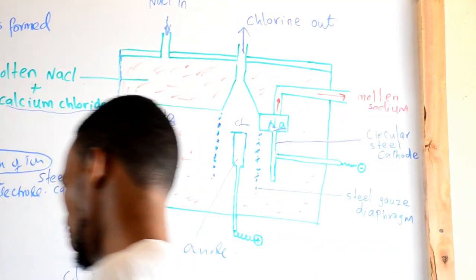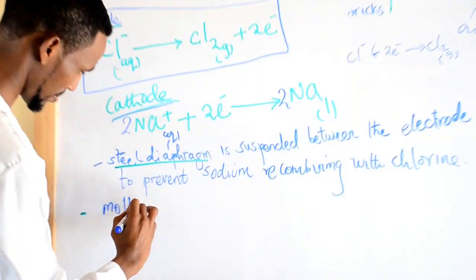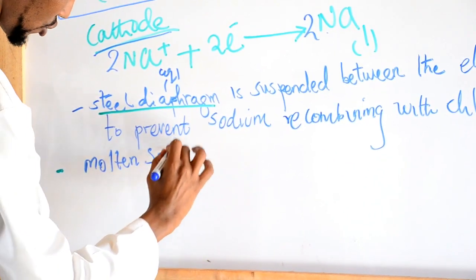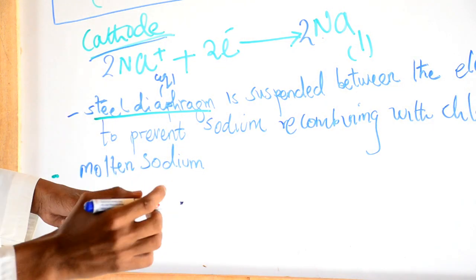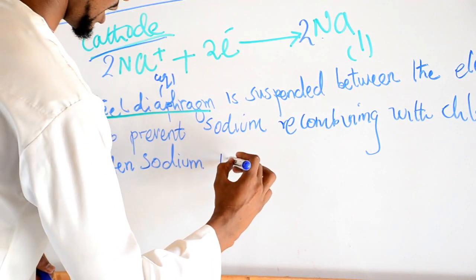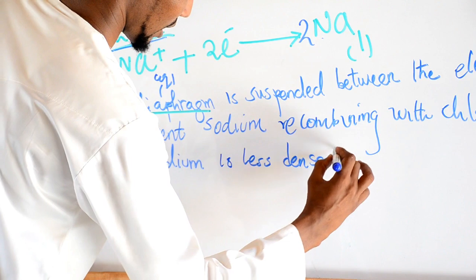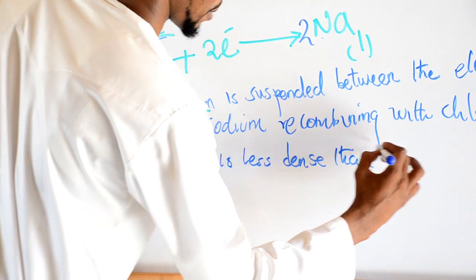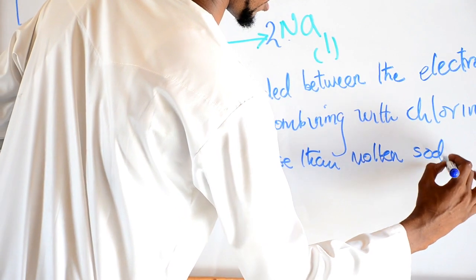So the last one: molten sodium that has already been deposited at the cathode is less dense than molten sodium chloride.